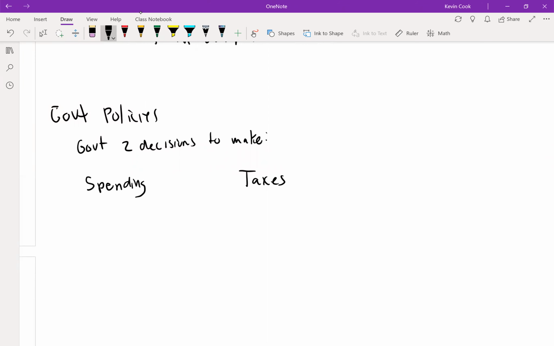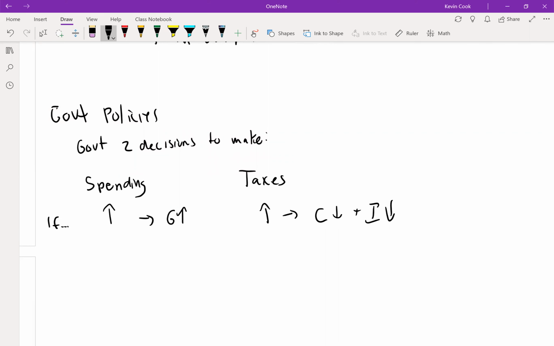So if our spending increases, this leads to an increase in government spending. But also, if our taxes increase, this will lead to a decrease in consumption and investment spending. That is, if I have to pay more taxes, I'm not going to go buy as much stuff.